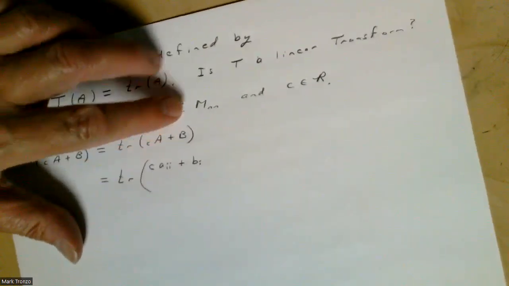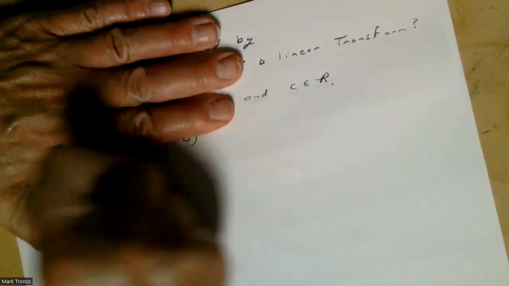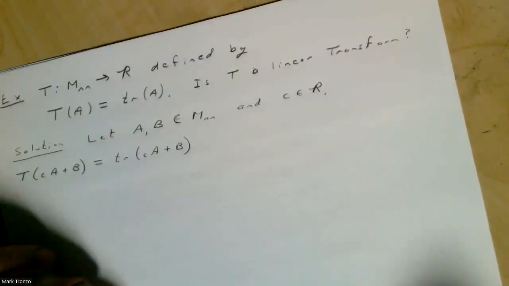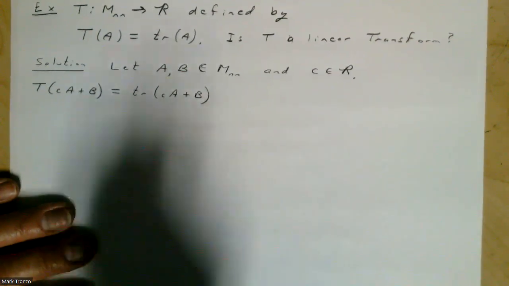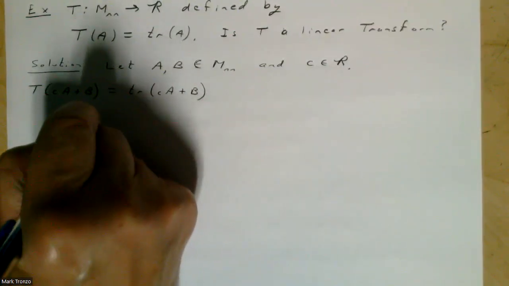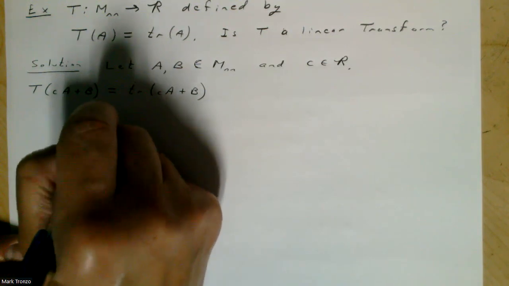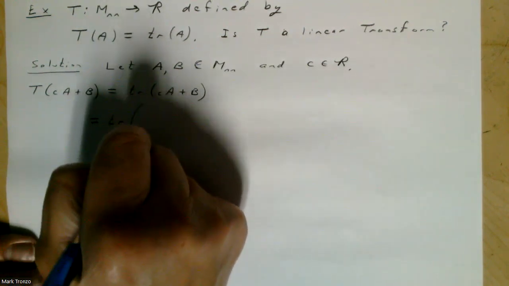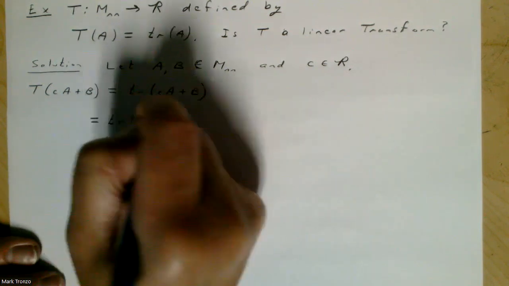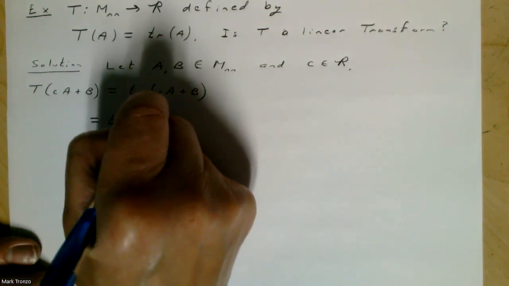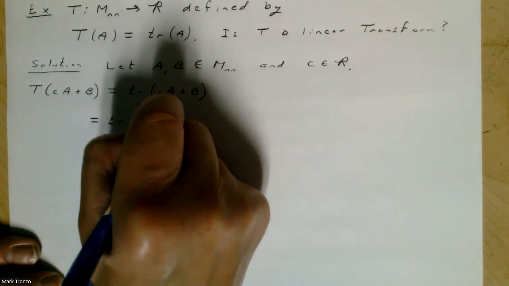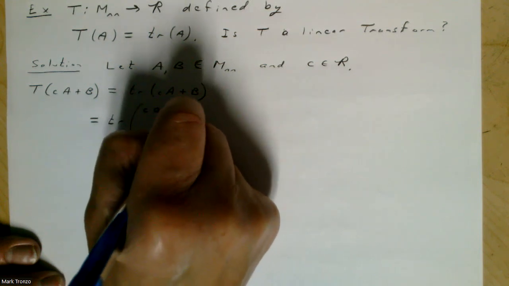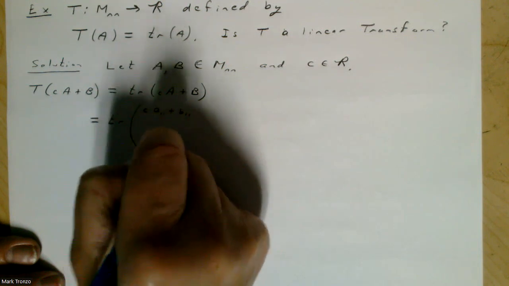Let me make this a little bit bigger. Normally you don't have to show this if you have a good understanding of what trace means. So we want the trace, and we only need to show the diagonal elements because that's what the trace is. So this is cA11 plus B11. Then the other ones don't really matter.